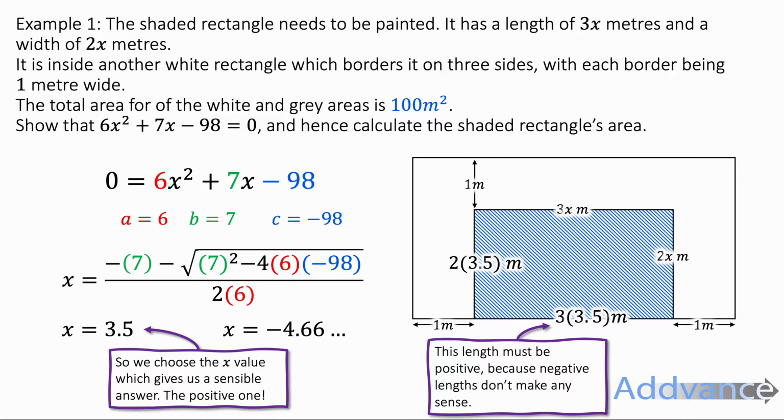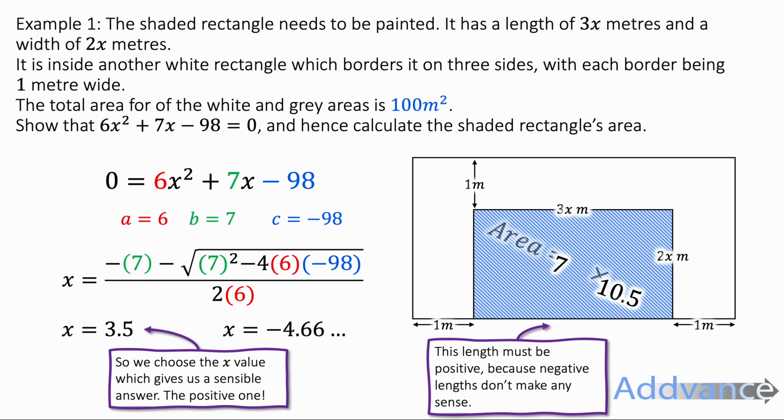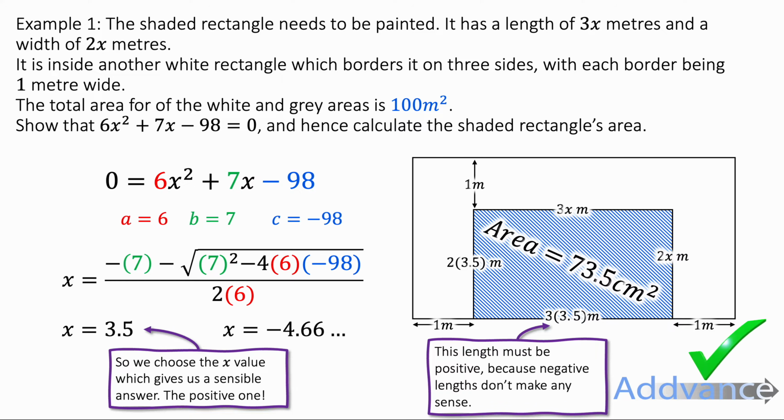And so we're substituting 3.5 into the width and the height. That will give us a height of 7 and a width of 10.5. You multiply those together and the area is 7 times 10.5, which would be 73.5 centimeters squared. And that is the final answer.